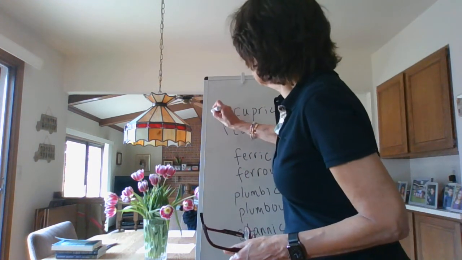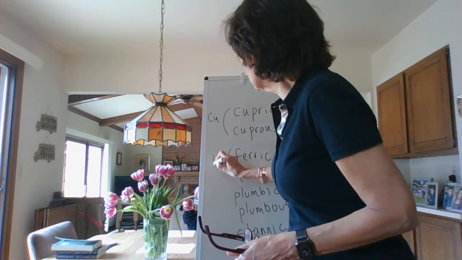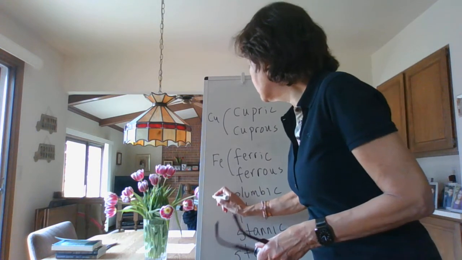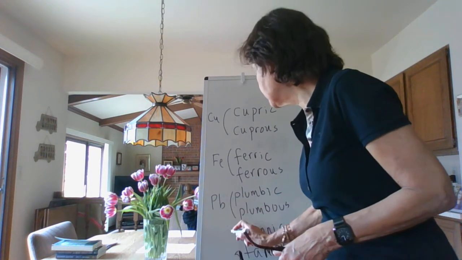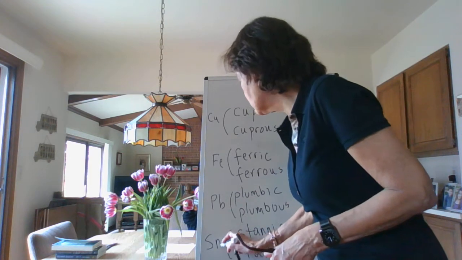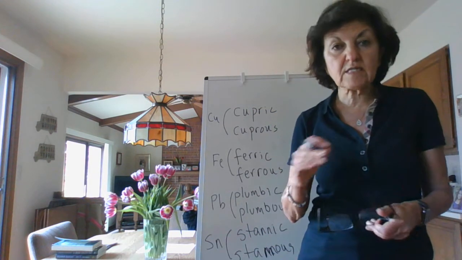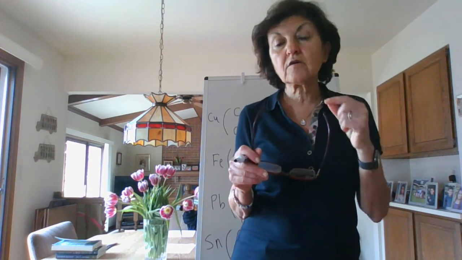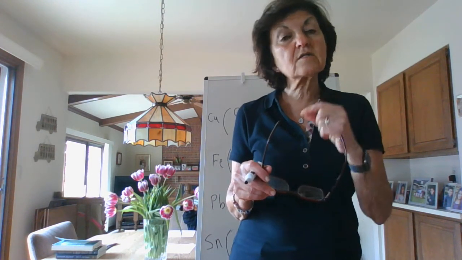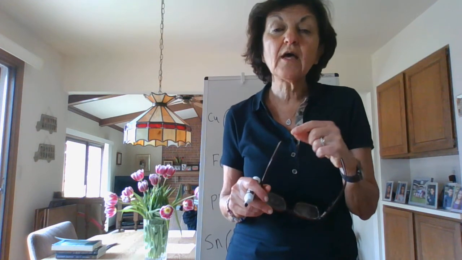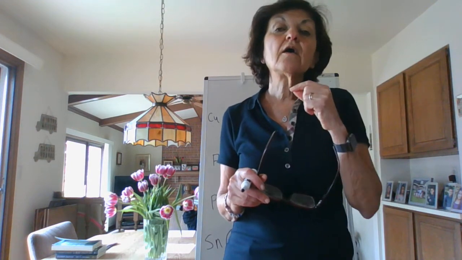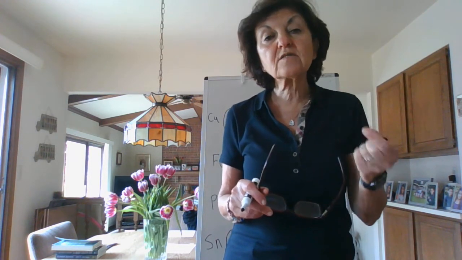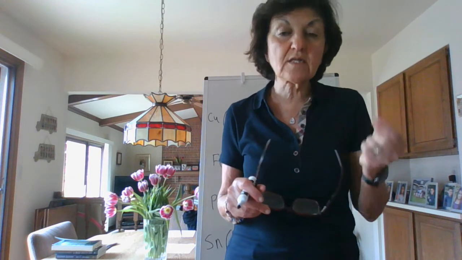These two are copper. These two are iron, which comes from the word ferrum. These two are lead, which is plumbum. And these two are tin. All right, the -ic versus the -ous. The -ic stands for the higher charge. The -ous is the lower charge. So if you know that copper exists as +1 and +2, +1 is the -ous, +2 is the -ic.